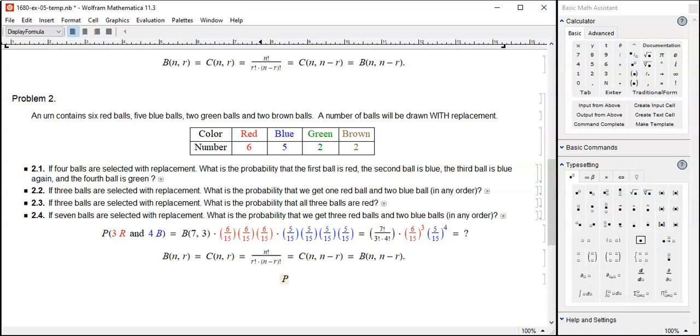So the probability is binomial N choose R times the probability of the first, probability of the rest. N factorial over R factorial times N minus R factorial, that's the formula, and P to the Rth power times Q to the N minus R power.